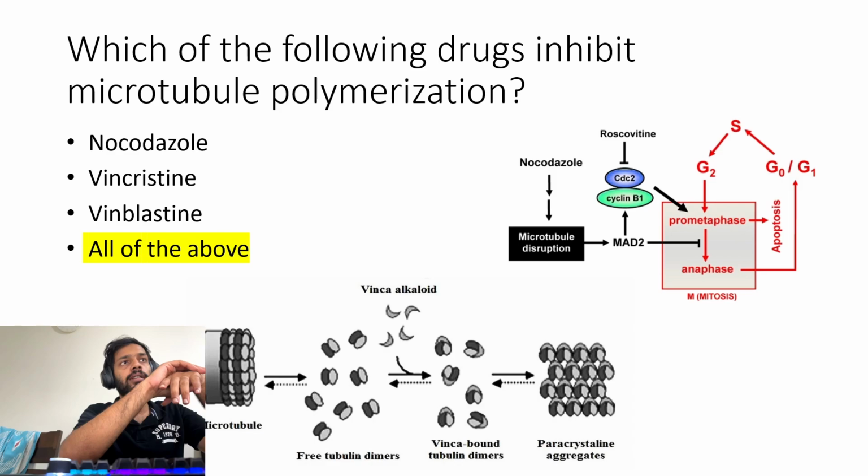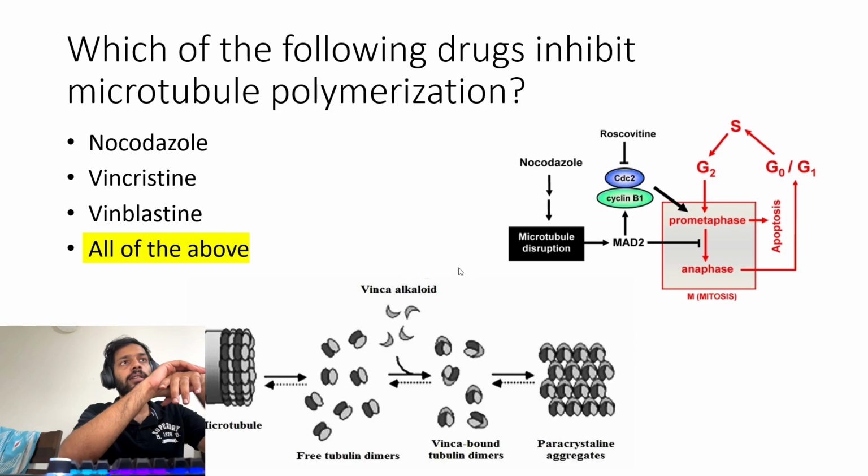If we look at the mechanism of action of nocodazole, it results in microtubule disruption and it inhibits microtubule formation. Vincristine and vinblastine are together called vinca alkaloids. There is a state of equilibrium between microtubule and free tubulin dimers.